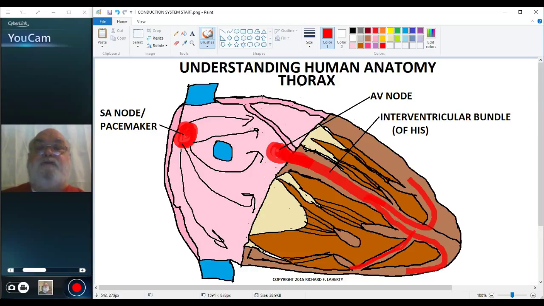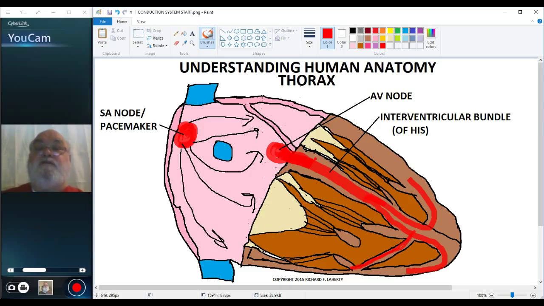Now, from the position of the interventricular bundle and from the video on the coronary circulation, you see that the anterior descending coronary artery is running parallel to the interventricular bundle, and indeed it's giving off branches to supply the interventricular bundle.